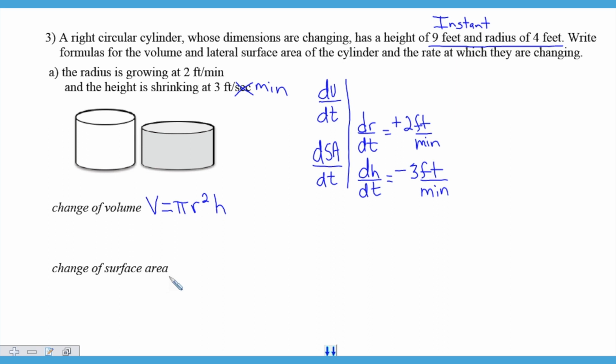So it is just the outside of it. How do we do that? Well, if you could cut this and lay it out, it would look like this little guy. What does that look like? Doesn't that look like a rectangle?